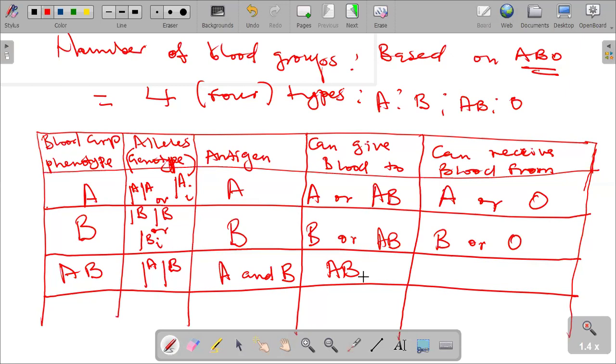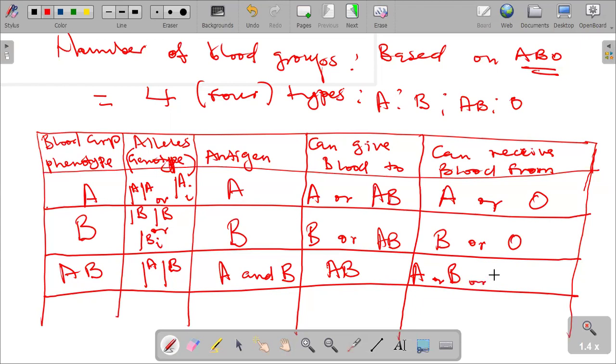So this person can receive blood from people who are blood A. He can receive from blood A, and he can receive from blood B, because we have antigen B produced. It is already recognized because B is already there.